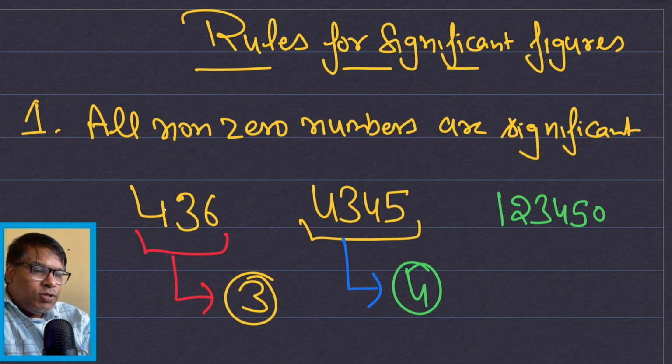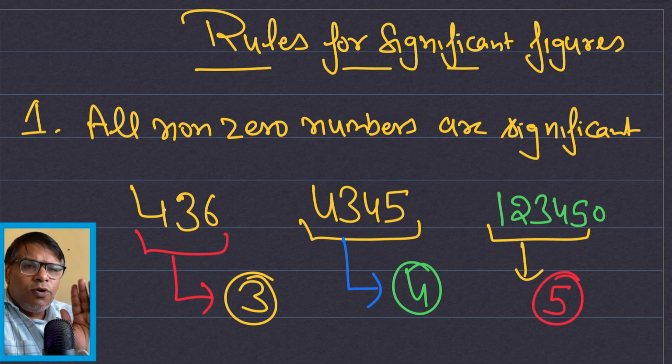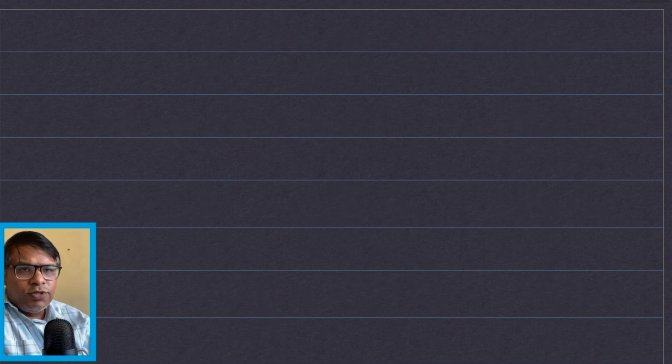Here you see 0 is there. This is not a non-zero number, so 0 is not a significant digit here. But 1, 2, 3, 4, 5 are all significant digits. So the number of significant digits is 5.